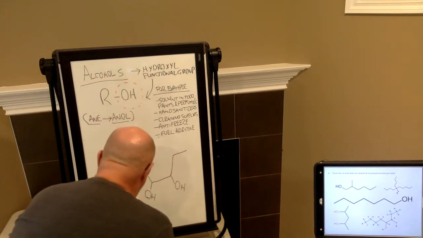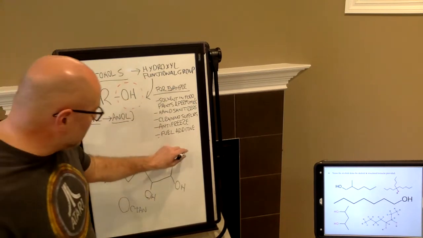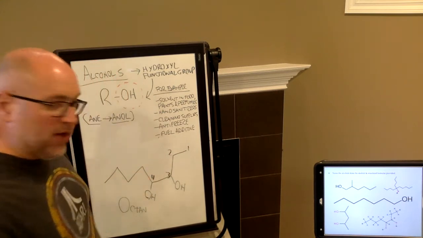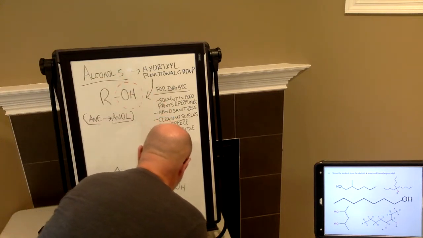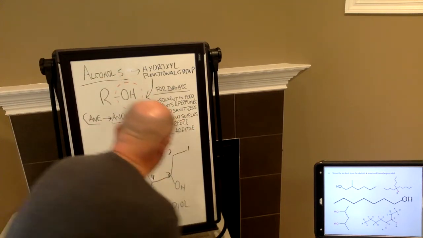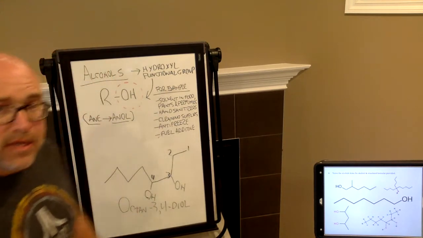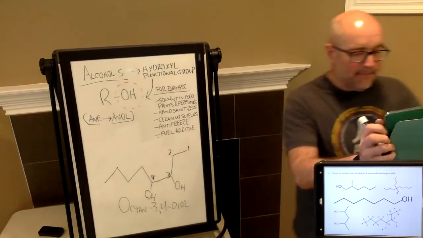The main chain is octane. I'm going to count from this side to give my hydroxyl groups the lowest number. They're going to be 3, 4 because I've got 2 of them at the 3 and the 4 position. And because I've got 2 of them, it's going to be diol. So it's going to be octane 3,4-diol. That's how you basically name each of those formulas that are on that page.